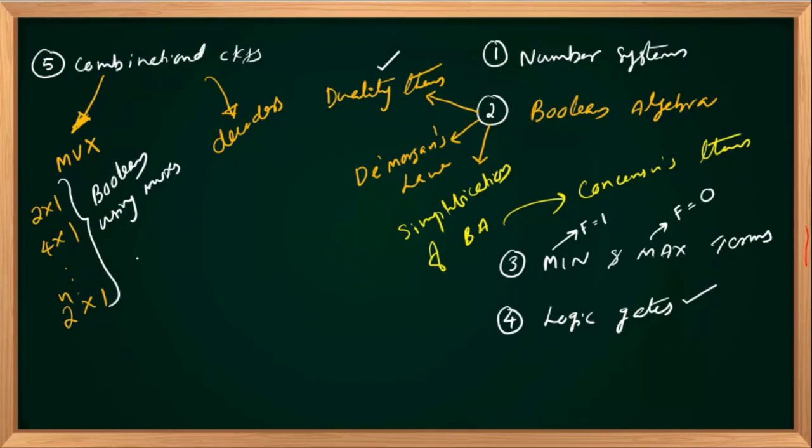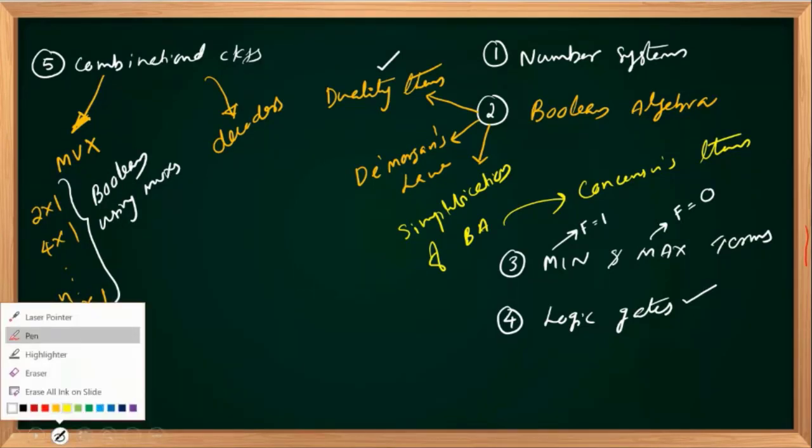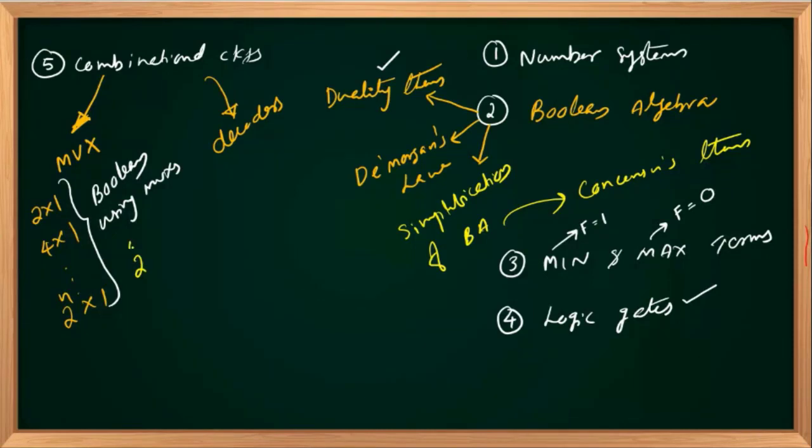Let us say how to implement a 2 power 4 by 1 mux using 2 by 1 muxes, or how many 2 by 1 muxes are required to implement a 2 power 4 by 1 mux or 16 by 1 multiplexer.